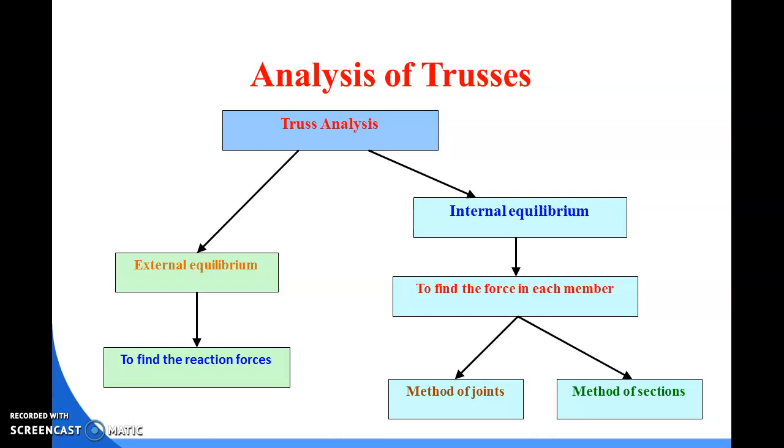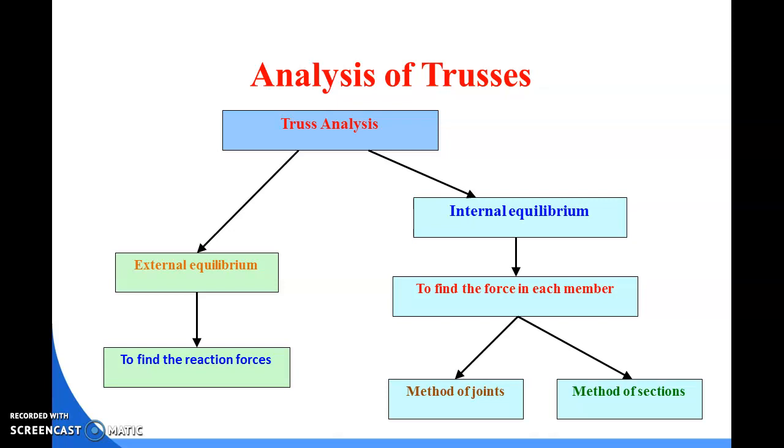So basically, we can analyze the truss by two types. One is external analysis, which is also known as external equilibrium, and another is internal analysis, which is also known as internal equilibrium. In case of external analysis, we have to find out the reaction forces of the truss and verify whether the reaction is vertical or horizontal.